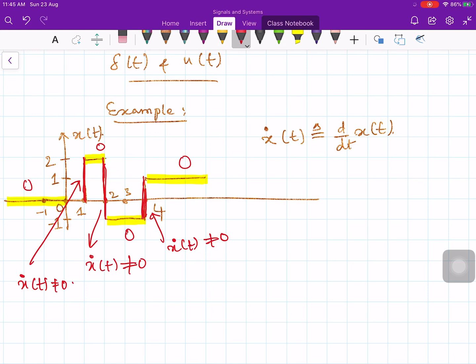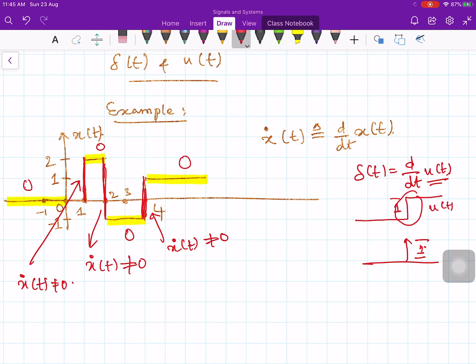Okay, so in the case of unit step, we proved the relation that del of t is equal to d by dt of u of t. When you differentiate a unit step function like this, then you will get a unit impulse. So this is a height of 1 unit, so I will get a height of 1 unit here. Therefore, the differentiation of a unit step function u of t gives rise to a unit impulse function del of t.